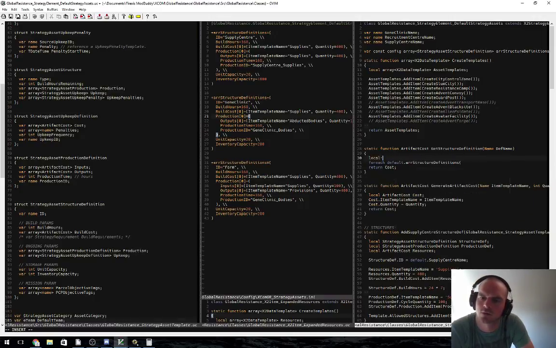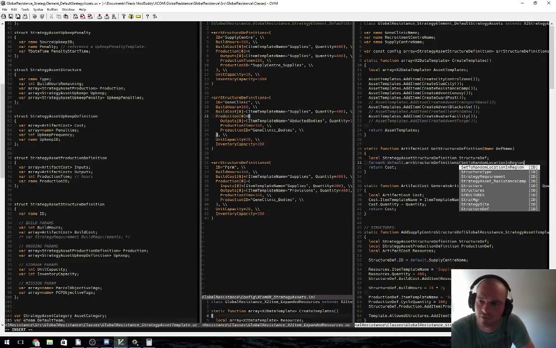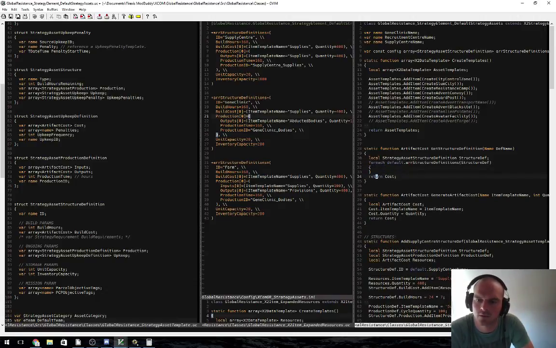Got to make a local structure def, so strategy asset structure definition. Def and then structure def, and that will move us forward, so we'll just pluck those out when we need them using this function.